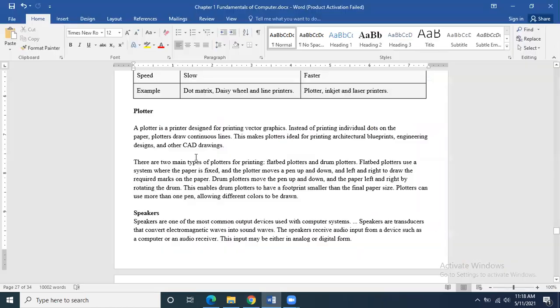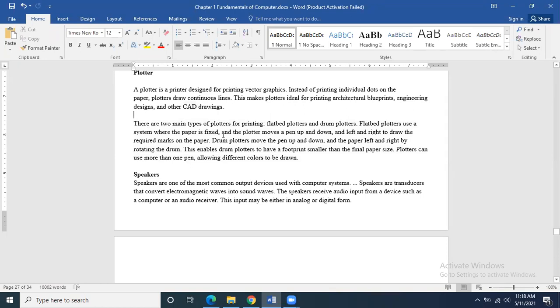As I have explained, first the design is made in some drawing software like Corel Draw or Photoshop, and then it is printed: maps, images, billboards, hoardings, things like that. And the two types, as I already explained, are flatbed and drum.